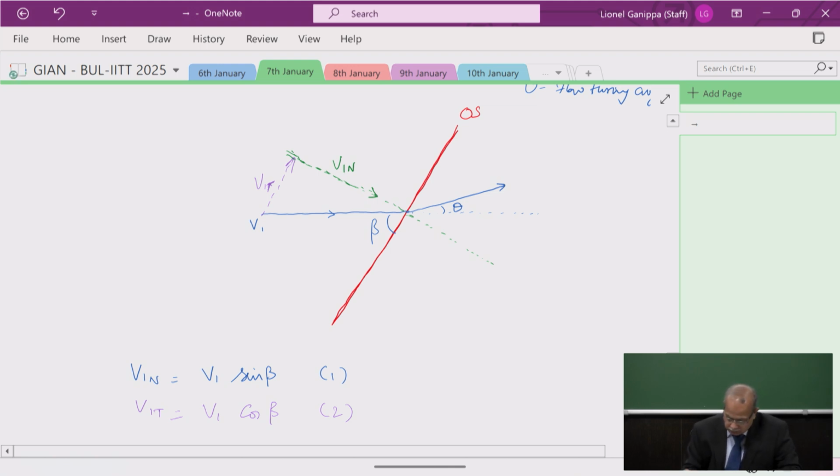When I talk about V, we shouldn't forget that there is also a corresponding Mach number M1. This M1 will also have a normal component M1n and a tangential component M1t. So M1n is equal to M1 sine beta, and M1t is equal to M1 cos beta.